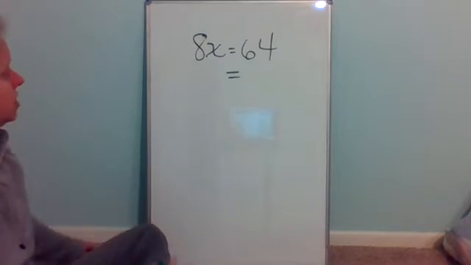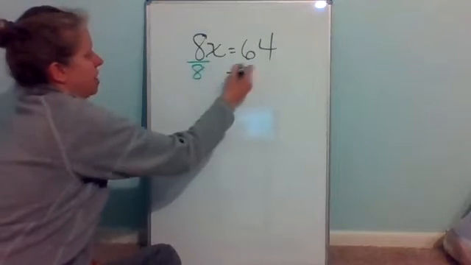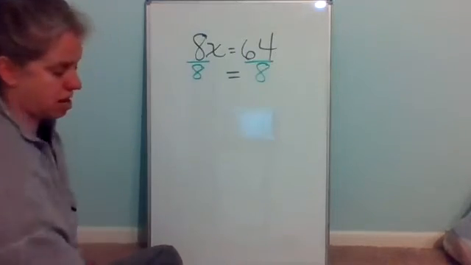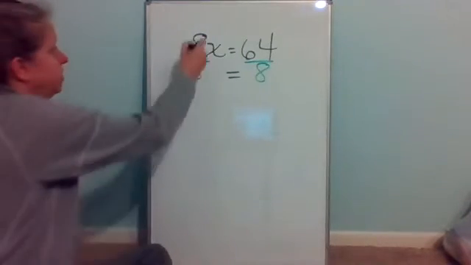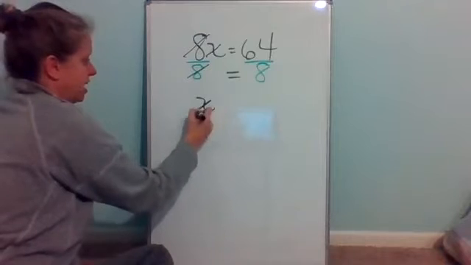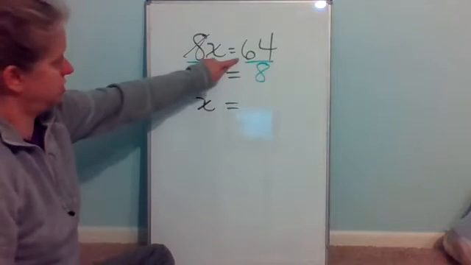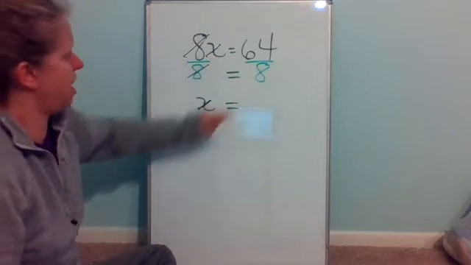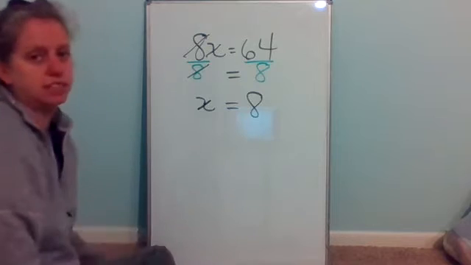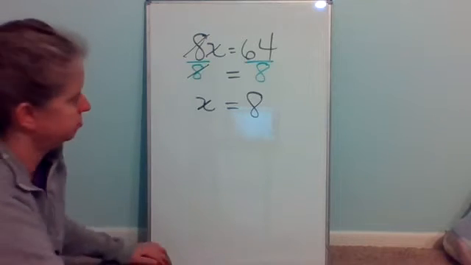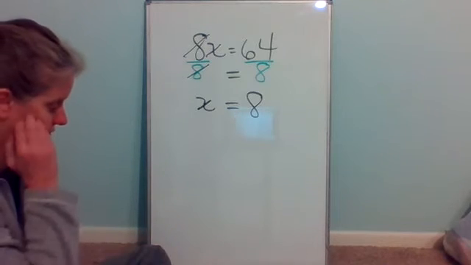And since it's hooked on, you'll just make it go away by dividing by it, right? All hooked on numbers go away by division. So there's my x equals 64 divided by 8, which just gives me 8. That's it for that one.